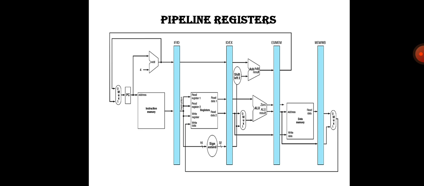The second pipeline register separates the instruction decode stage and the execution stage, so it is labeled ID/EX. Likewise the other 2 registers are also labeled. The purpose of pipeline registers is that they get the output from the previous stage and pass it to the next stage.